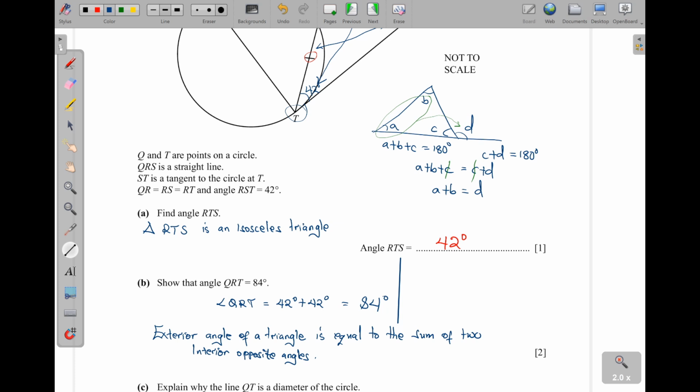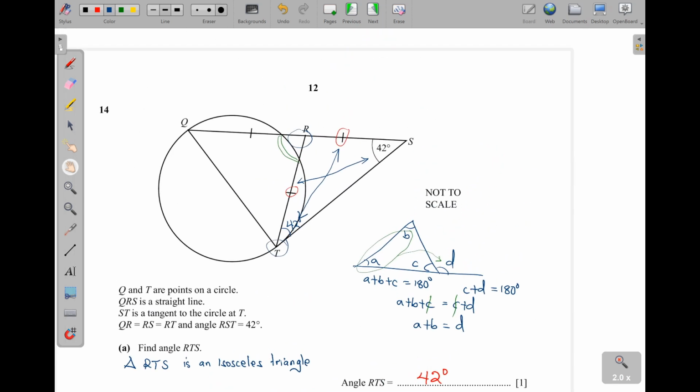Alternatively, you can find this angle remaining here. Actually, I can rub off everything here. You can find the angle remaining here.